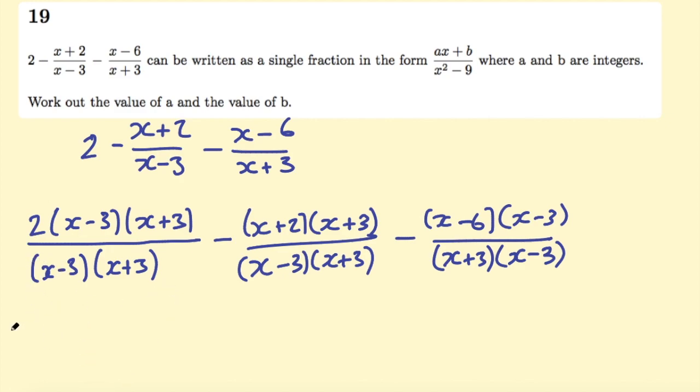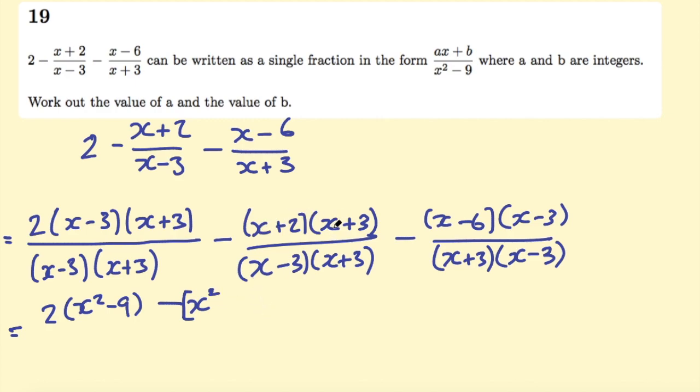So this will equal 2. Now if we expand those double brackets, you'll get x squared minus 9 minus, we need to expand these, x. Now be careful with these negatives because that is essentially subtracting everything in this numerator. So I would put a bracket around this for now.